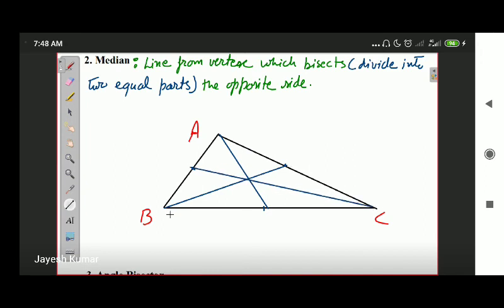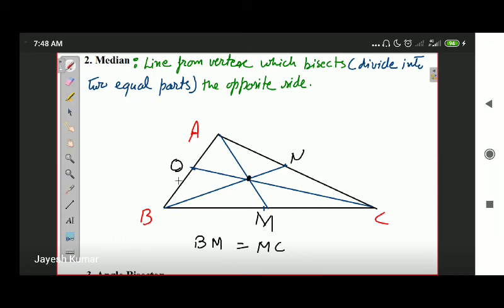Now once again, let's name them AM, BN, and CO. You can see that AM is the median. That means the BM part is equal to the MC part.